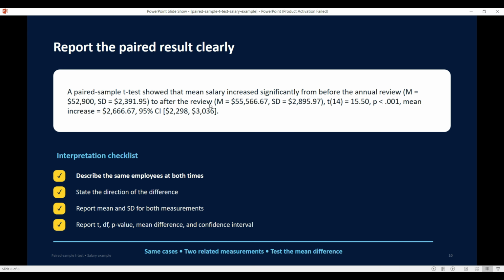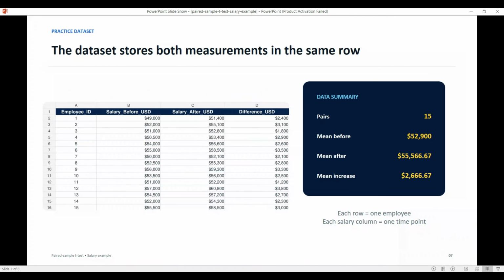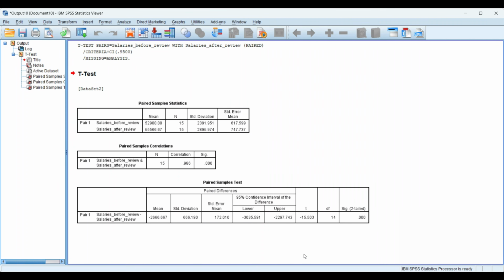So we can say on the basis of the t-value and significance level, you can see here there was a t-value less than minus 1.96 and the p-value, this significance level, is less than 0.05. So in this way we can say that there is a significant difference in salaries of employees before annual review and after annual review.